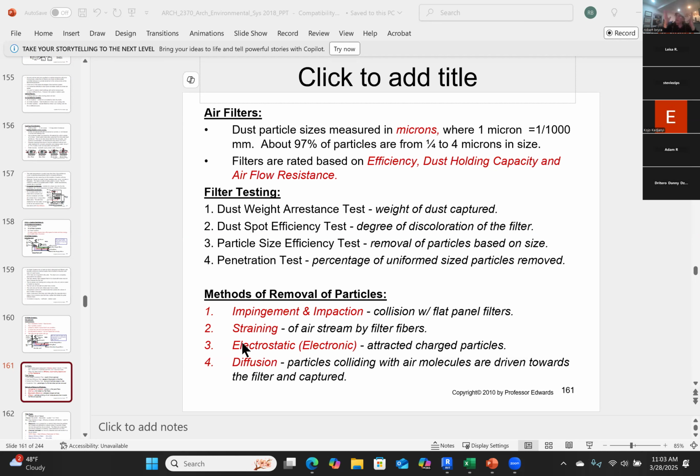Some are recirculated back into the house, and now they're charged, and they're dirt essentially, and they attach themselves to the wall. And over time, you have an electrostatic charged bunch of dust particulates that are up against the wall. Now you have to clean that wall.